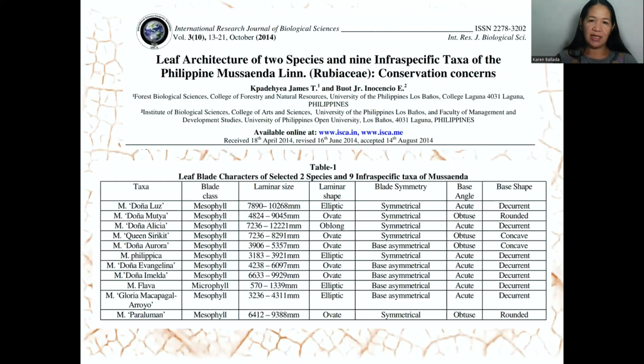In the study conducted by Padilla and Buot on the leaf architecture of two species and 9 infraspecific taxa of the Philippine Mussaenda and conservation concerns, they made use of two species and 9 infraspecific taxa of Mussaenda.